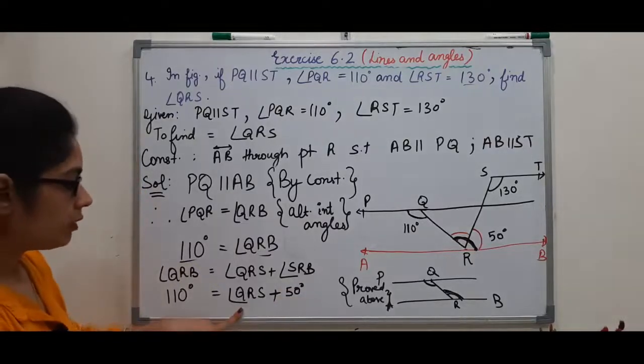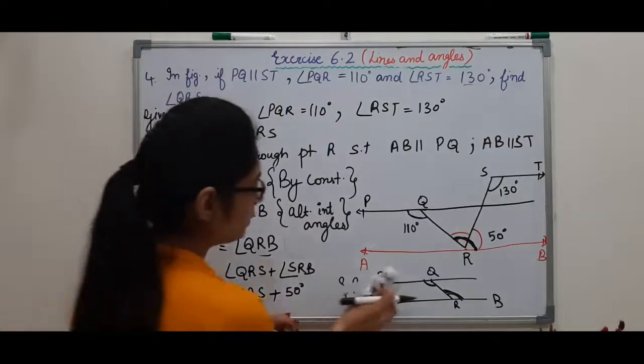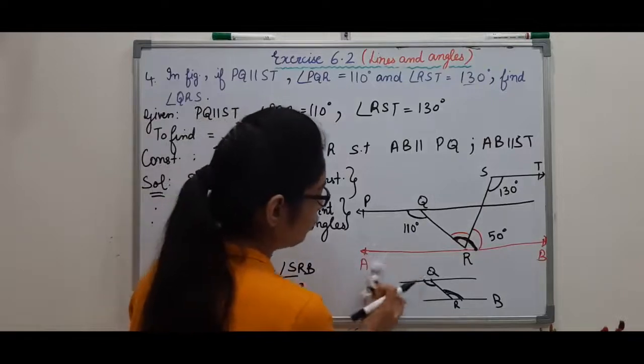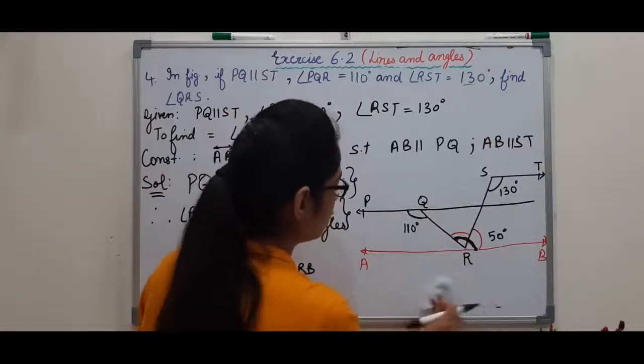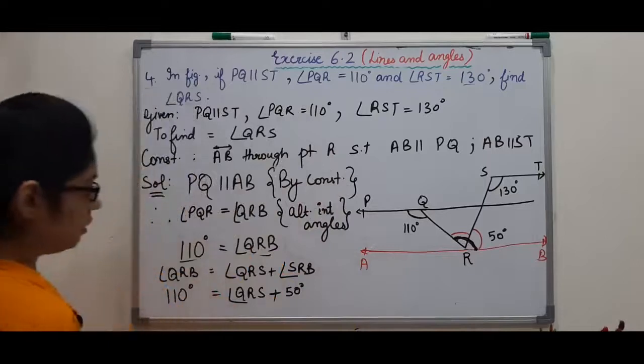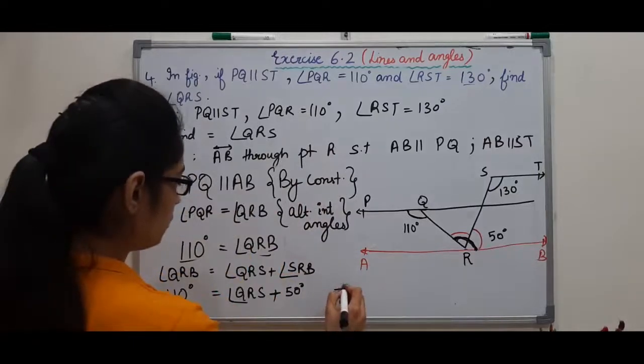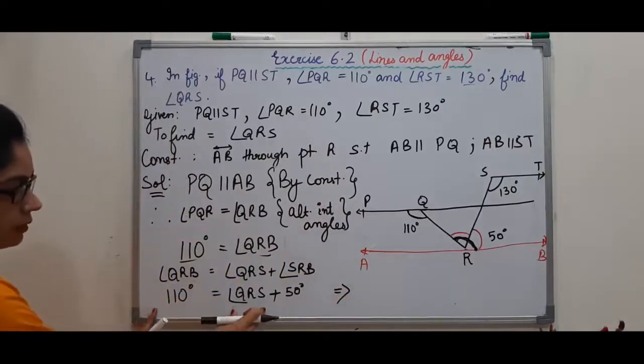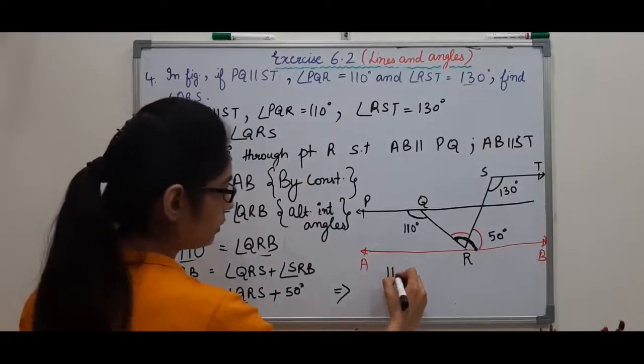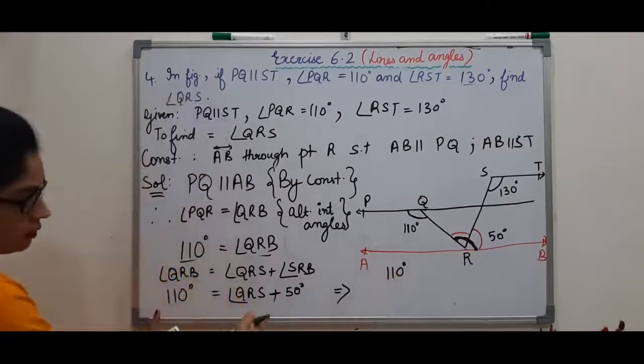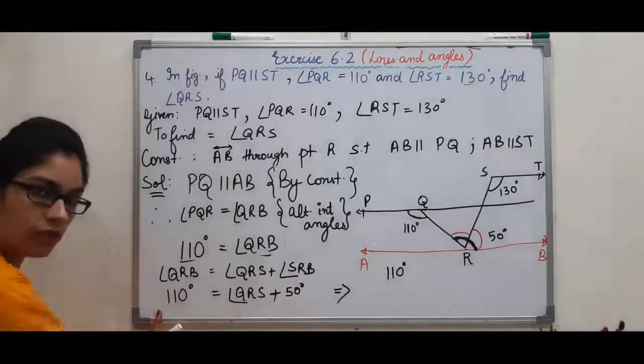Now we need to find the value of QRS. So let's keep QRS on one side and shift all the other angles to the other side. QRS plus 50, 50 will shift to the other side.